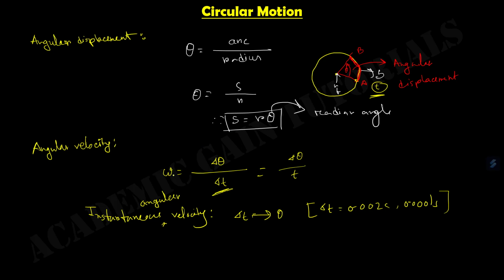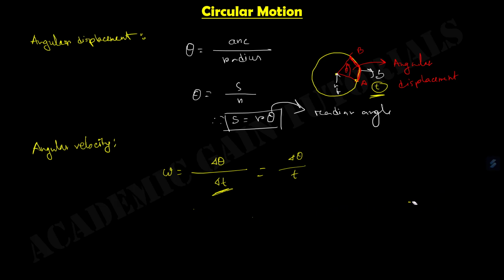Here is a relation between angular velocity and time period. Suppose the particle moves from point A and comes again to point A, then this is known as the time period.